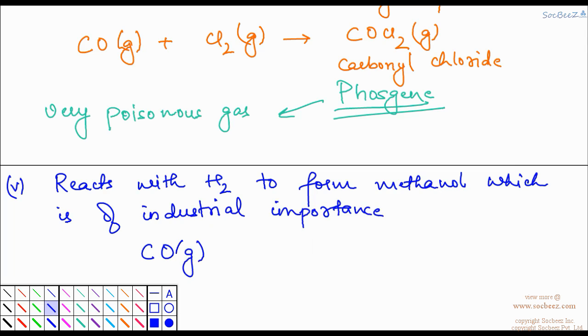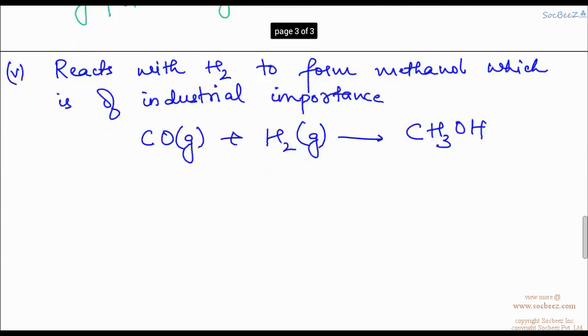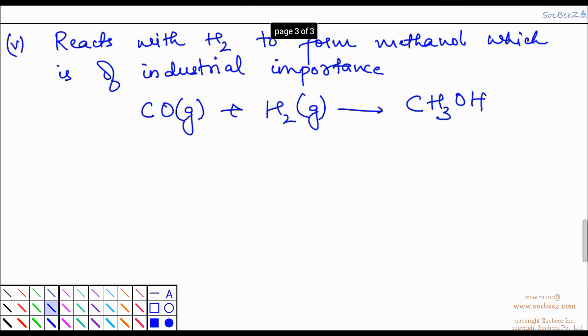The reaction is as follows. Carbon monoxide gas reacts with hydrogen gas to produce CH3OH. So this is the reaction.